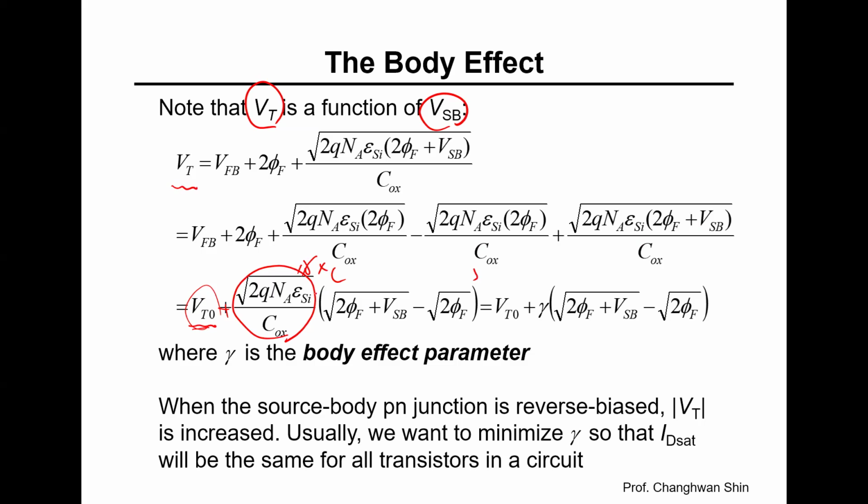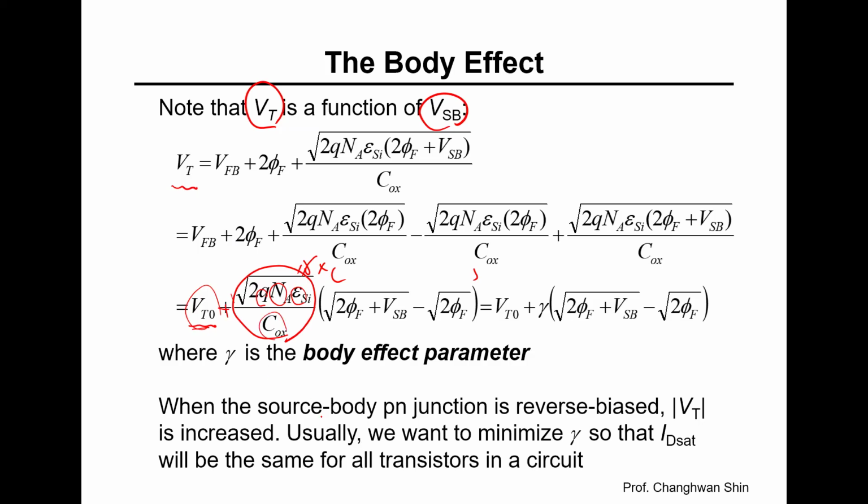Here gamma is given by the square root of 2 times the unit charge, the doping concentration in the body, and the dielectric constant of silicon, over the oxide capacitance.